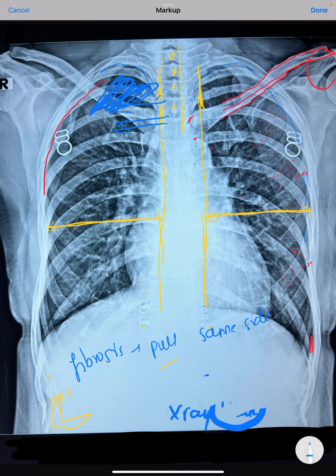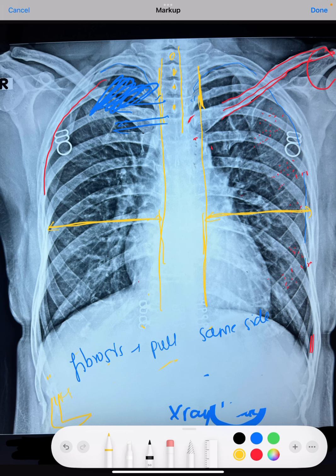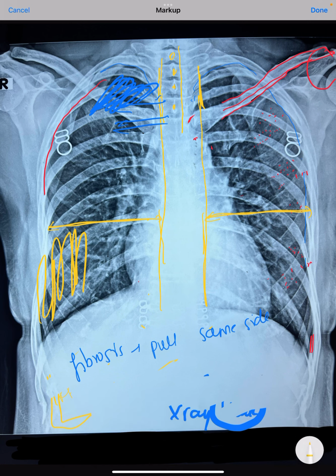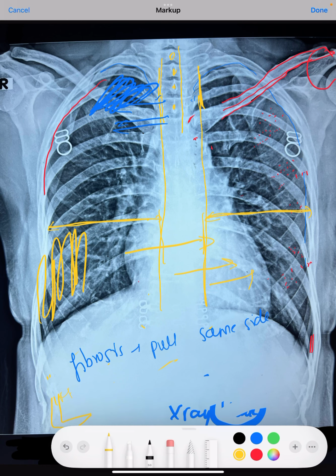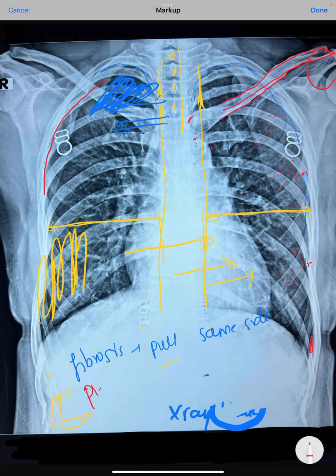If there is pleural effusion, suppose if there is a collection of pleural fluid on this side, this will push the mediastinum to the opposite side. So the mediastinum will shift to the opposite side. So if there is a large pleural effusion, it will push the mediastinum to the opposite side, and fibrosis will pull the mediastinum to the same side.